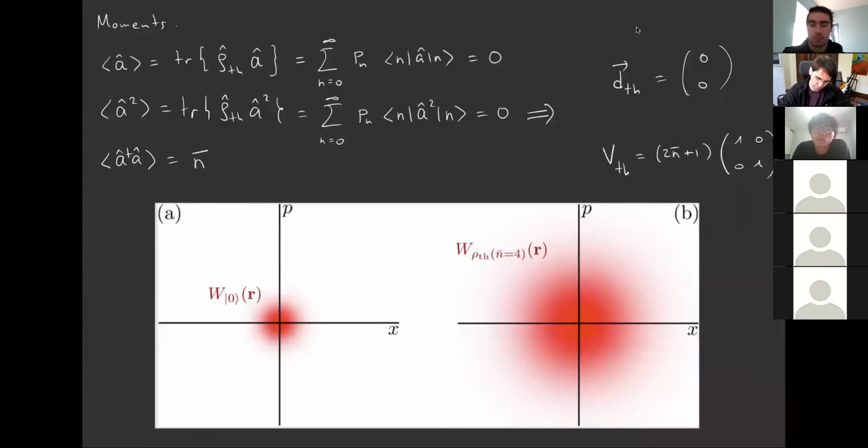Sorry, a factor 3 probably, no? Because it's 2 times 4 plus 1. Yeah, so it's the square root of 9. So then it's by a factor 3, okay? So it's essentially similar to vacuum, but with a much larger noise.